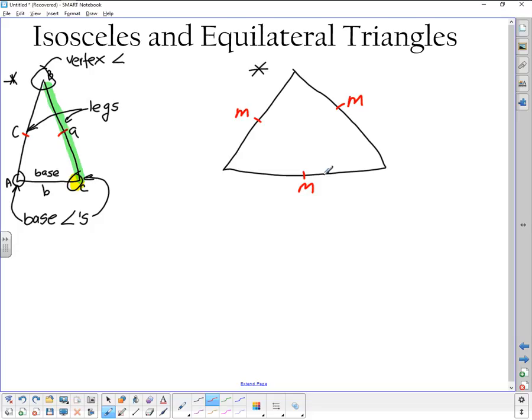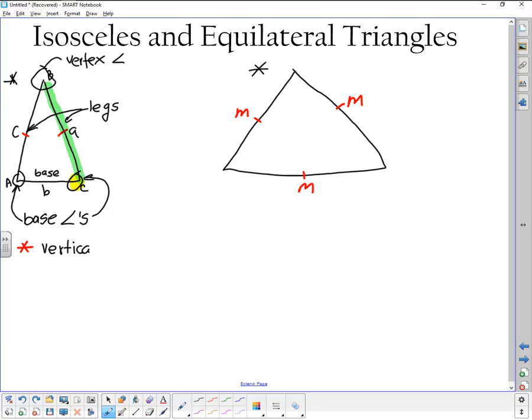And you're also supposed to know the following. We're also going to be using a lot of what they call vertical angles. We're going to be using this over and over again here, so you need to know what vertical angles are.